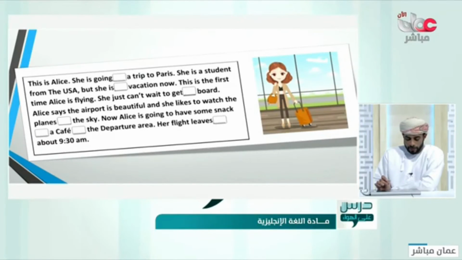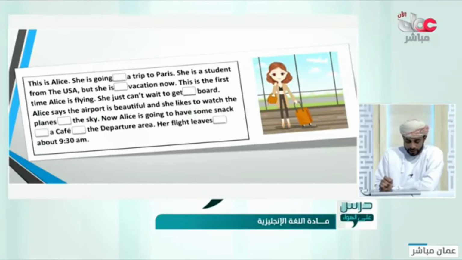Alice says the airport is beautiful, but she likes to watch the planes, the sky. Now Alice is going to have some snack cafe, the depart area. Her flight leaves about 9 or 30 past 9.